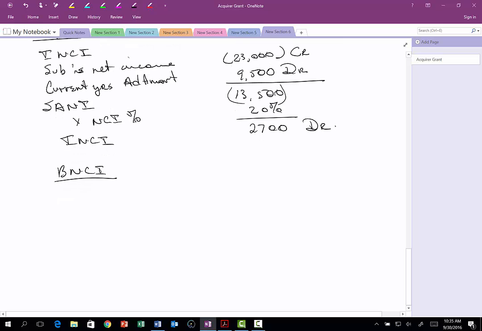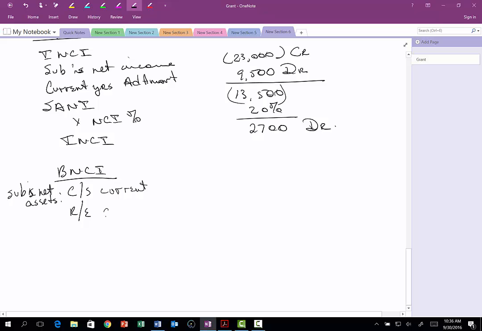BNCI, again, is really assets minus liabilities because it's the sub's net assets, but we can use common shares and retained earnings for that. So we're taking the sub's net assets, and we'll take common shares and retained earnings. And remember, this is always done with the current common shares and retained earnings.